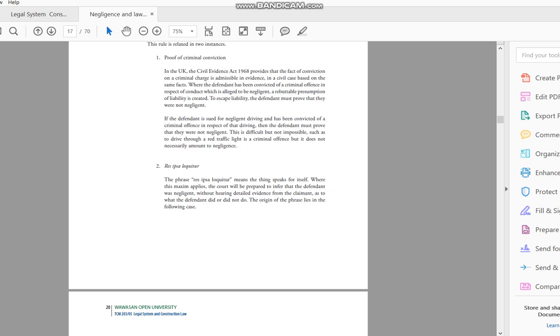Because of their actions, it does not mean that this action is causing the negligence. It sounds a bit silly, but they can try to prove it that way. Basically, if it's not proven, then you still cannot convict the defendant for negligence. So this is the basic concept of negligence.